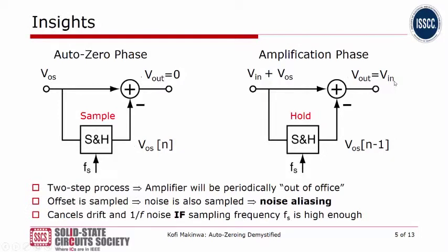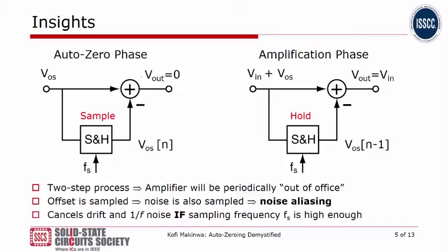Now, what insights can we gain from this simple block diagram? Well, we can see firstly, that this is a two-step process. And if you do this on an amplifier, it means that the amplifier is going to be periodically out of office, right? So during the auto-zero phase, you can't use the amplifier to amplify the input signal. Also, what you can see is that the offset is being sampled.